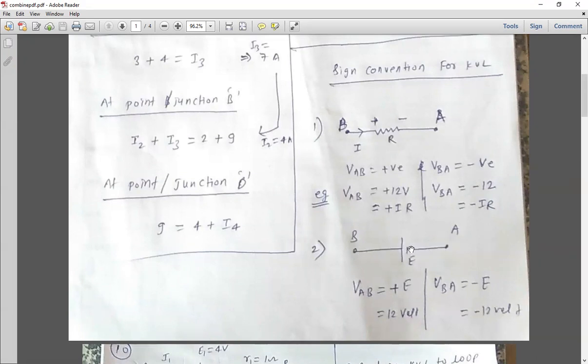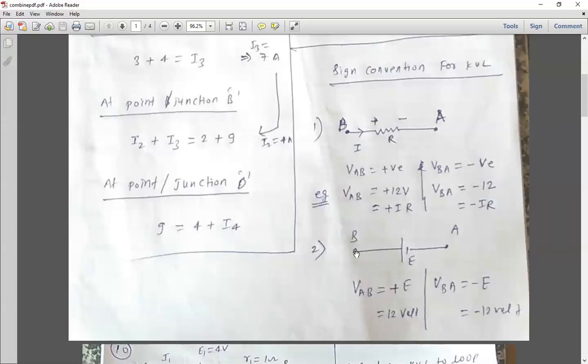So if we move from A to B, then we are going from negative potential towards high potential. So always remember, whenever we go towards high potential, the voltage will be considered as plus. So we are moving from A to B, so the potential across this cell will be plus E, the value of this cell.